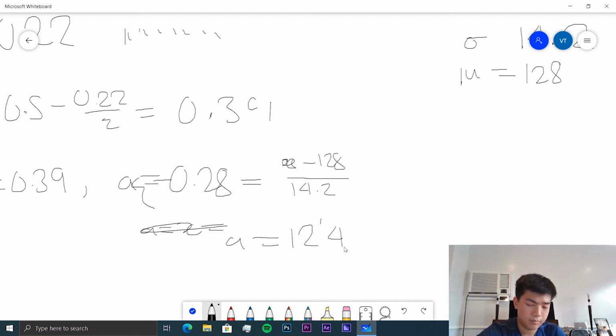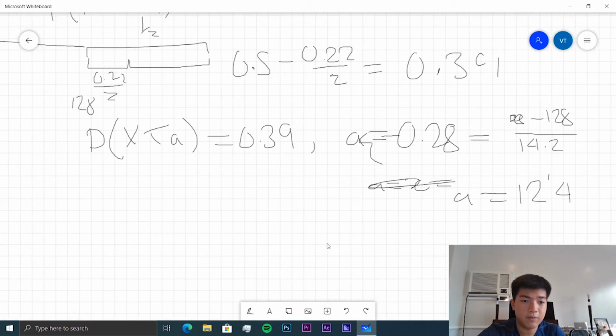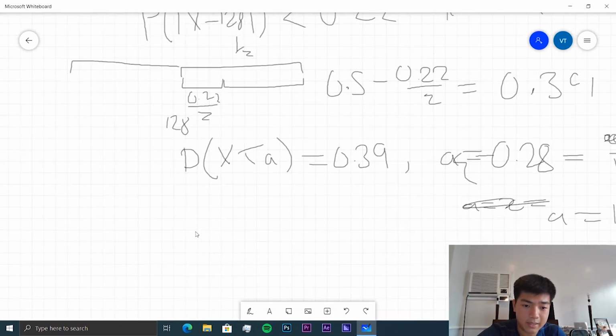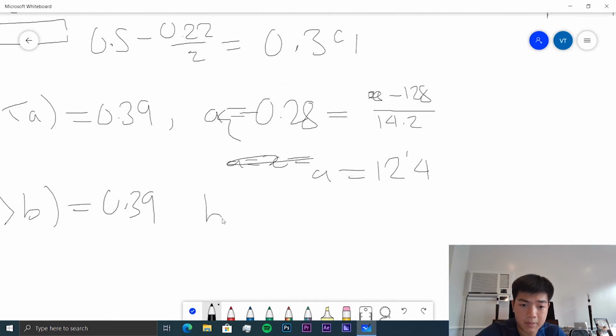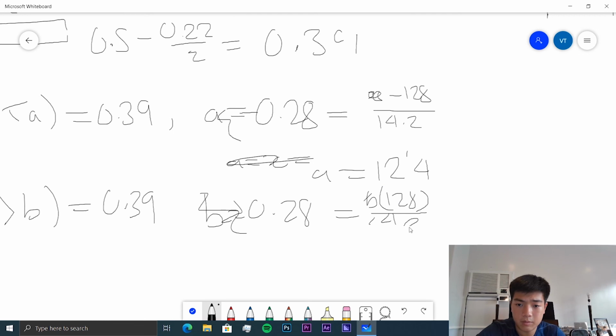And then if we do the same for the other side, the probability that x is greater than b is equal to 0.39 as well. Then that means 0.28 is equal to b minus 128 over 14.2.